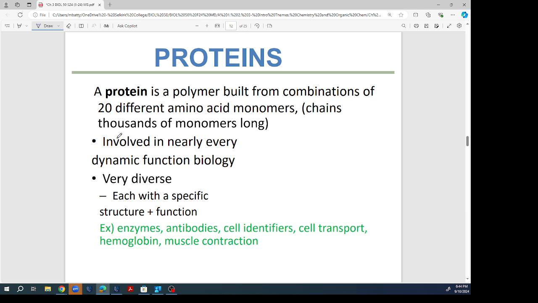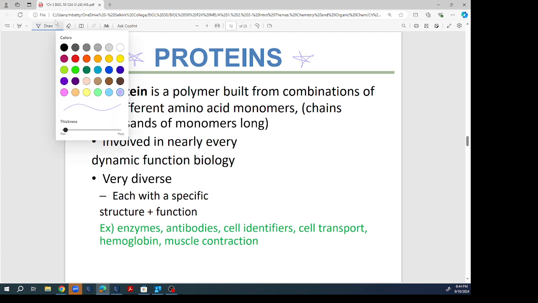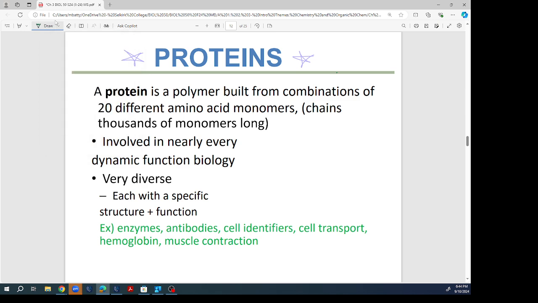So protein is kind of your default answer in this. Proteins are everywhere in biology. And maybe I should switch to a different color here because I had my glucose purple on. A protein is a polymer built from combinations of 20 different amino acid monomers. So monomers are amino acid, and you'll find that in the chart. And the polymer gets a special name based on how the amino acids bond.